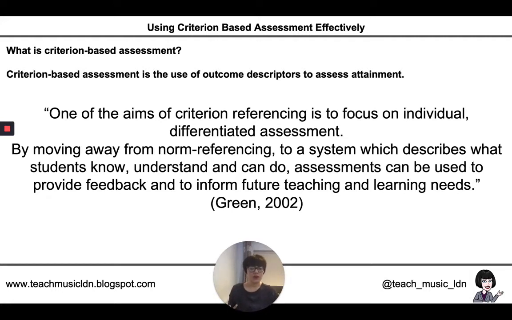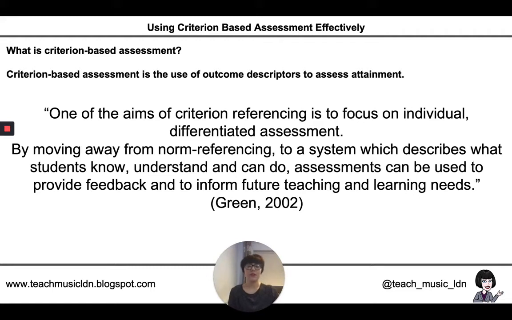The old national curriculum levels are an example of criterion-based assessment, where each subject at each level has an outcome-based attainment descriptor. The slightly newer 2014 national curriculum subject content and the GCSE, BTEC, A-level specifications often provide quite a good starting point for developing your own criterion-based assessment criteria.